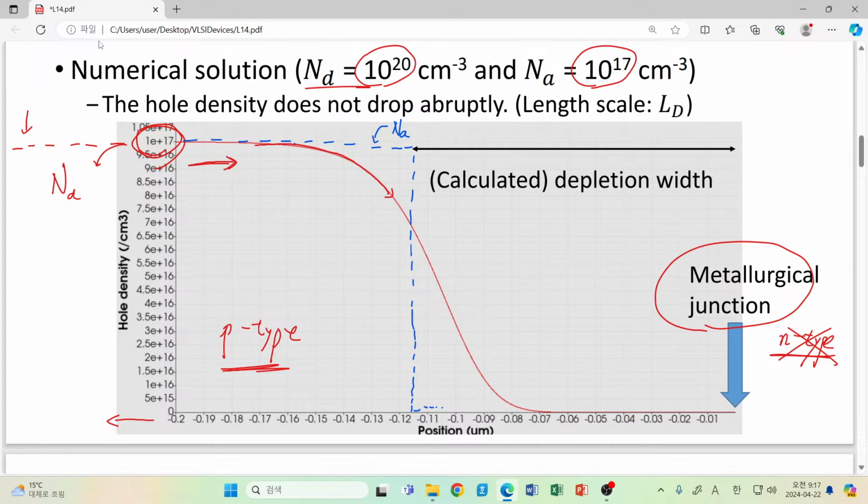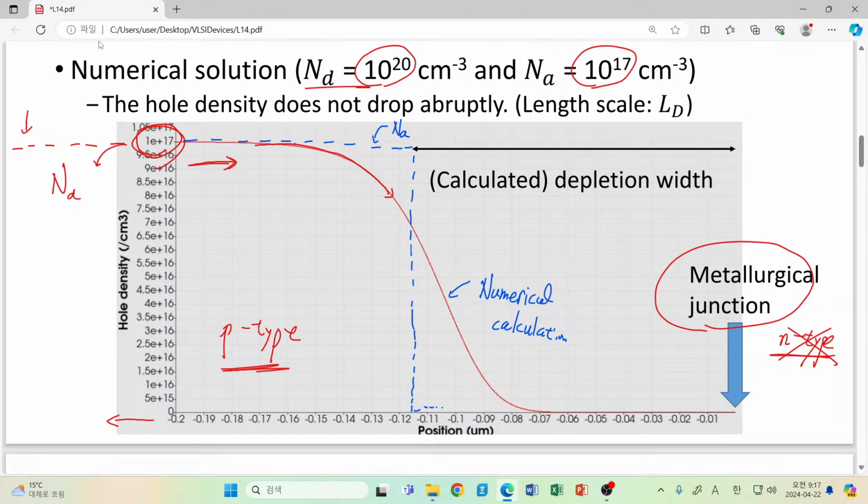Since we have introduced such a simplified form, we can see that the charge density is piecewise constant, and after that we were able to integrate it once to calculate the electric field, and twice to calculate the potential. However, please have a look at this red line. This is the realistic one, the numerical calculation result. And how does it look?